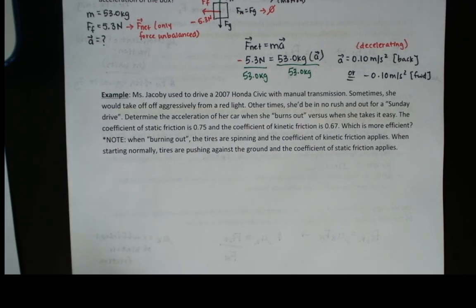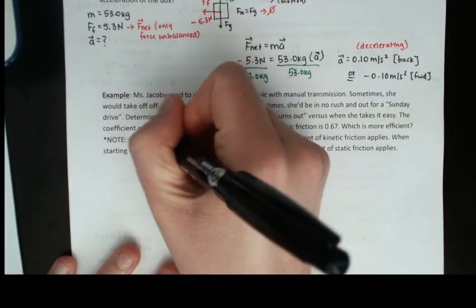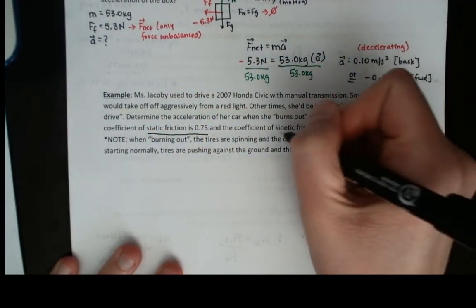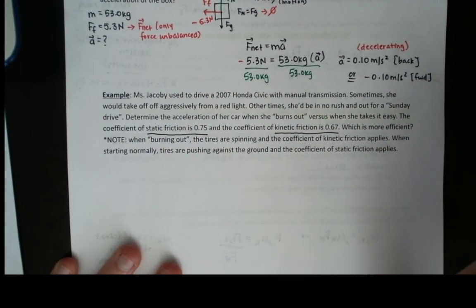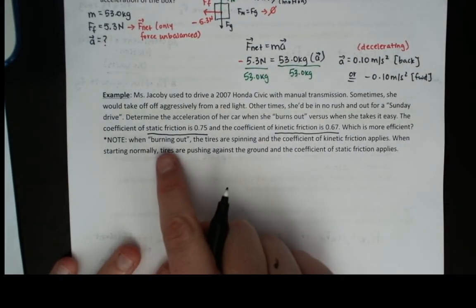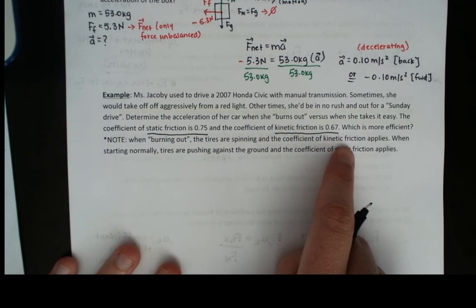So we're going to find the acceleration of my car during burnout versus when I don't burn out and I just accelerate like normal. We have a coefficient of static friction, and we have the coefficient of kinetic friction. And we have a note that when you're burning out, the tires are spinning, so we're going to use kinetic friction.